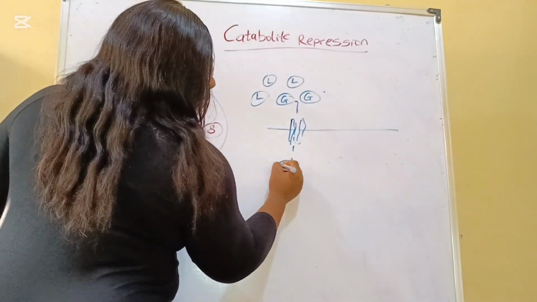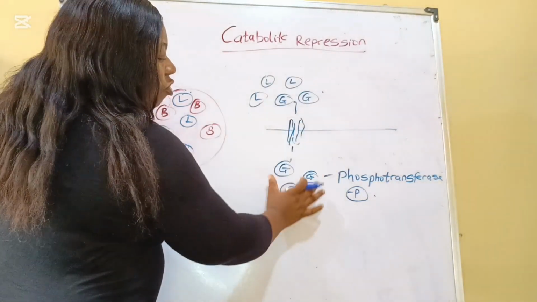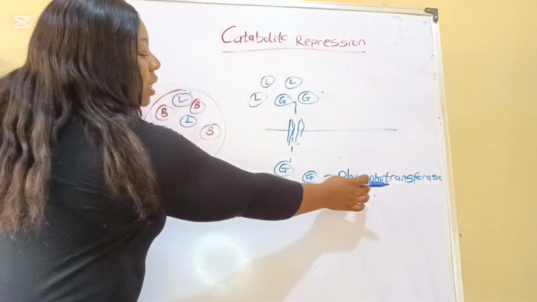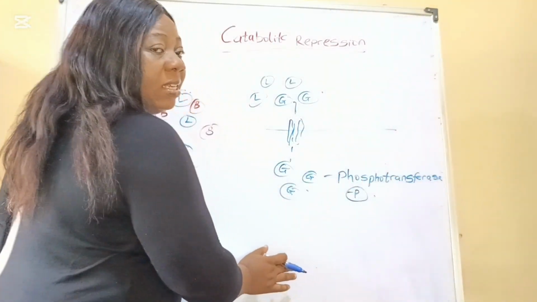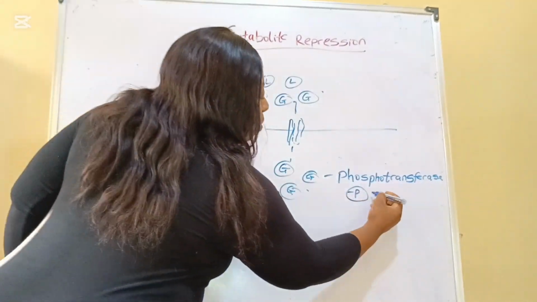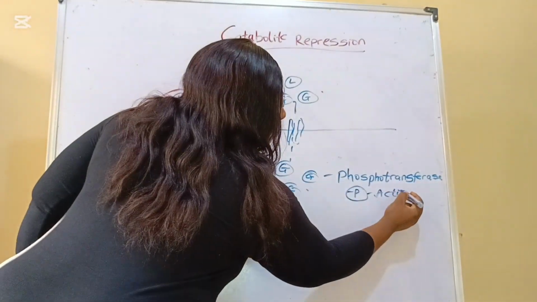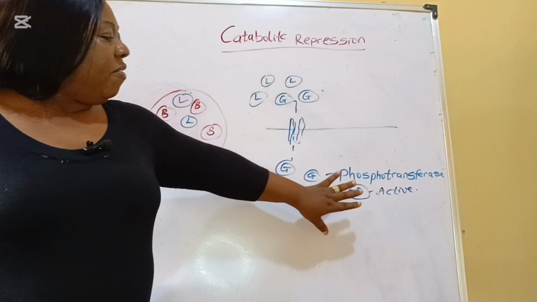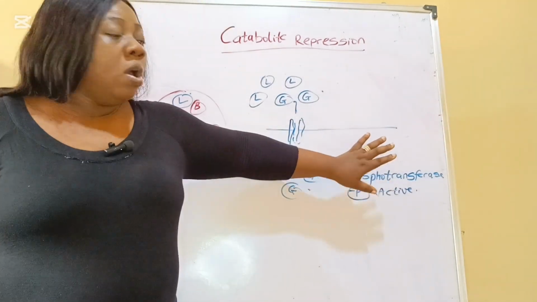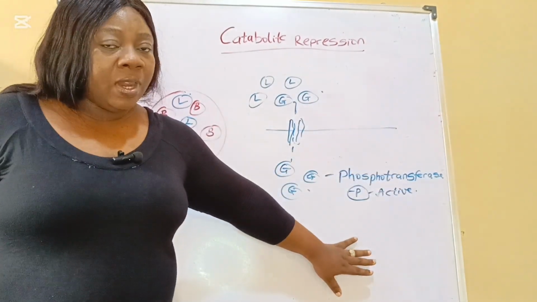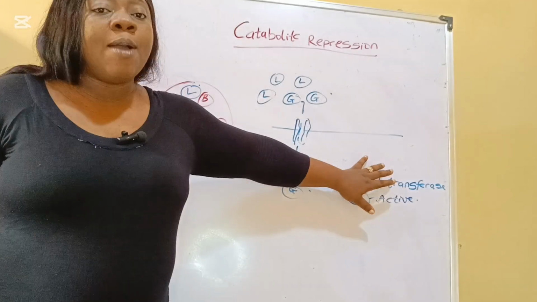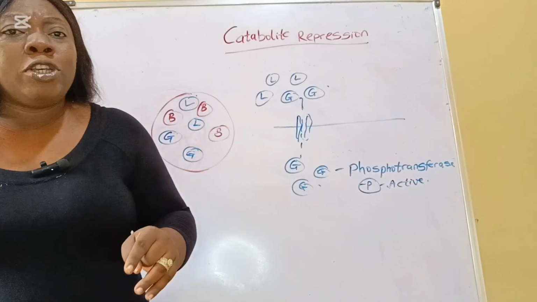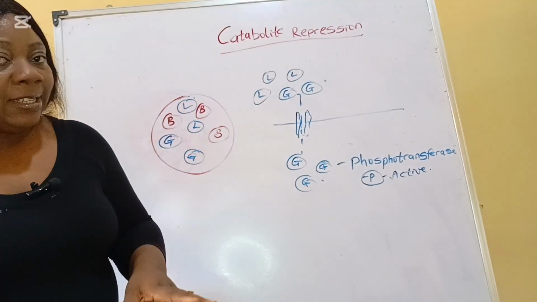As soon as there is entry of glucose into the cell, there is dephosphorylation of this enzyme, thereby making this enzyme active. Now, after the activation of this phosphotransferase enzyme, the next thing is that the enzyme will help in the inhibition of adenylate cyclase.